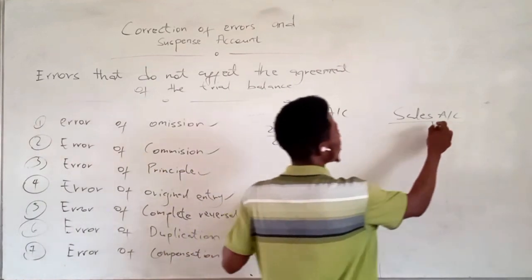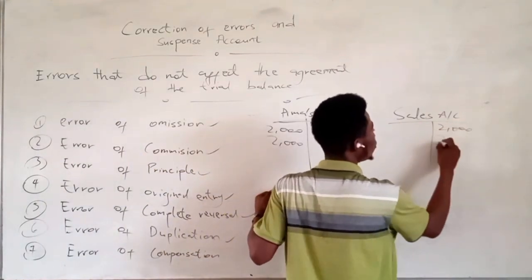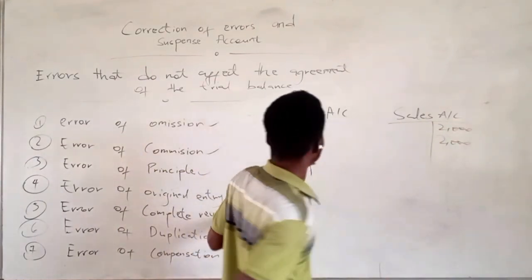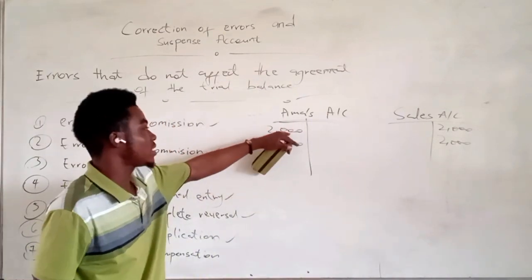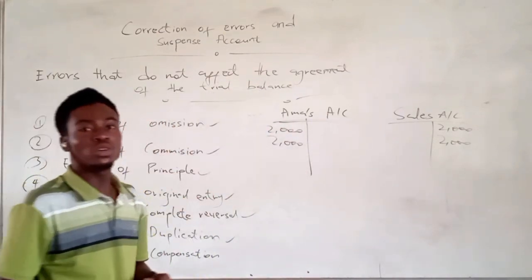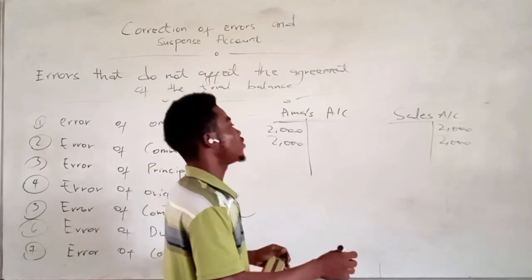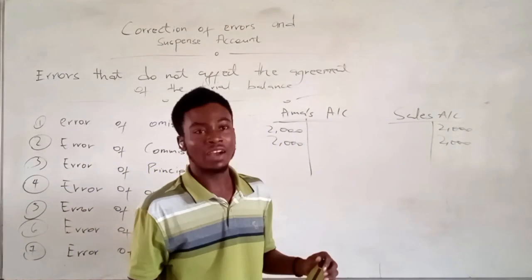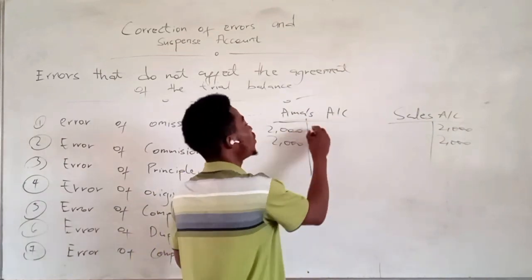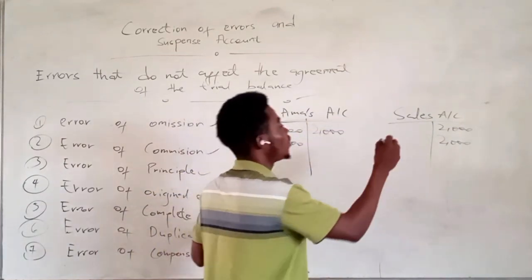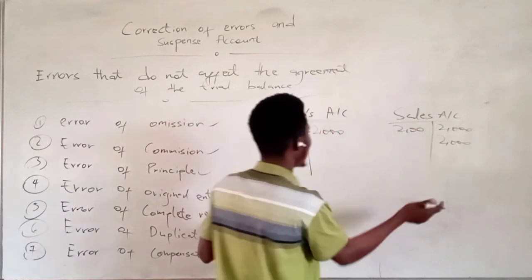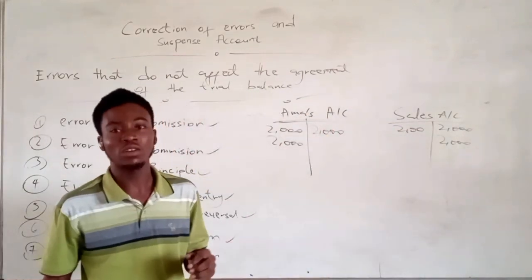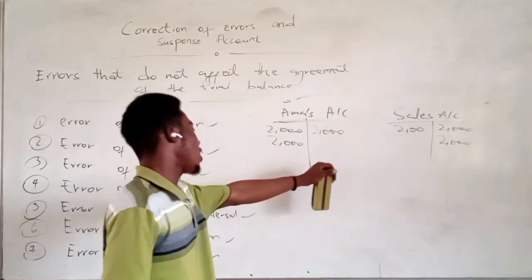Same here, 2,000 and 2,000. It was supposed to be recorded once, but we recorded it twice. In order to correct it, you just have to record one at the opposite side of the account. So in the Amex account, we record 2,000 here and 2,000 here, so that 2,000 will be cancelled from the account. That's how you correct the error of duplication.